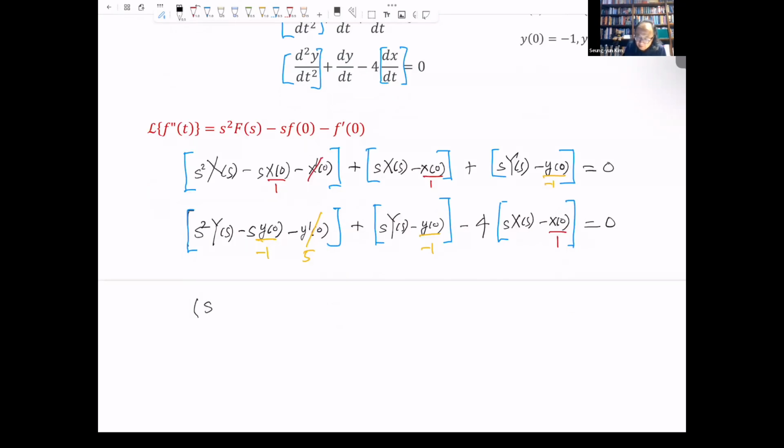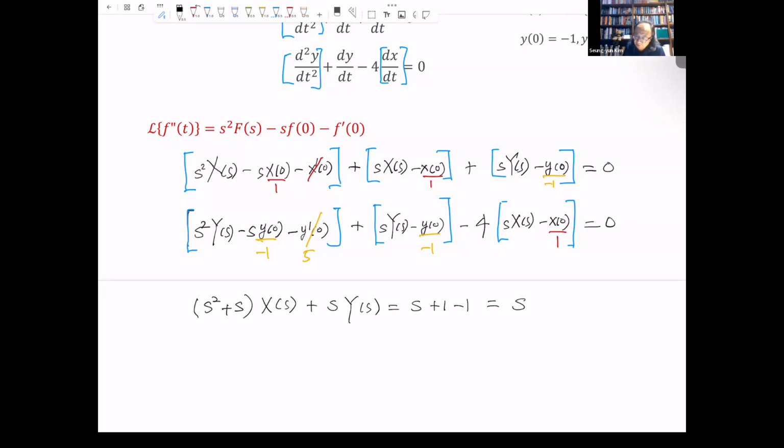S squared plus s, X of s, we're working on the first equation, plus s Y of s equals, move all other terms to the right-hand side, so negative 1 to positive 1, positive 1 to negative 1, equals just s.